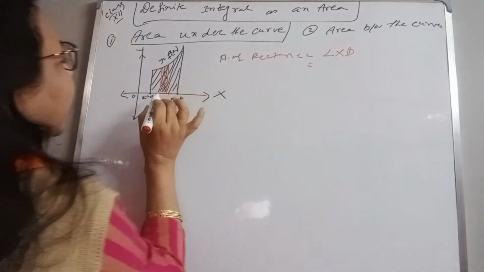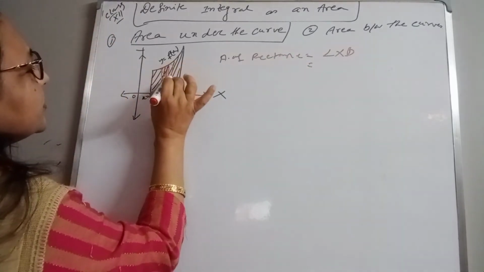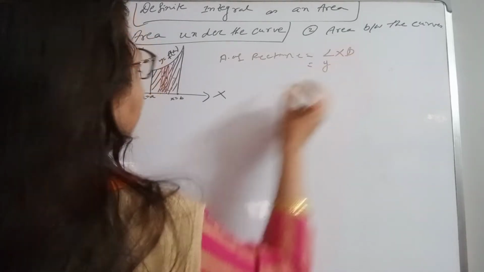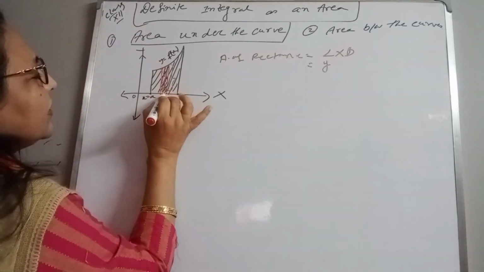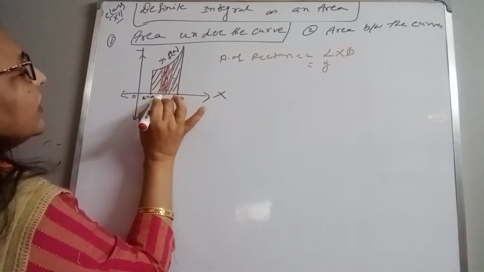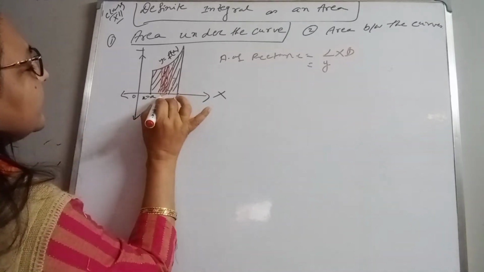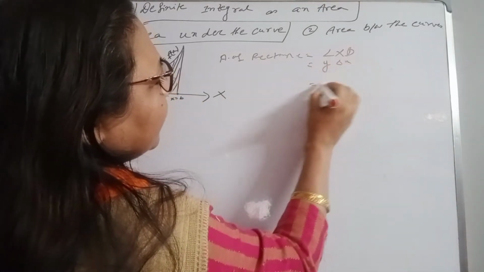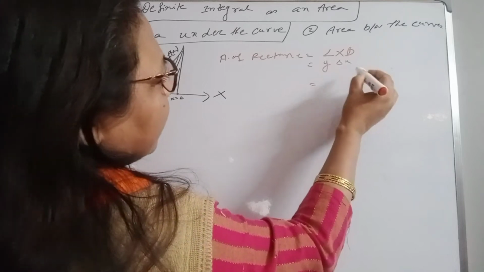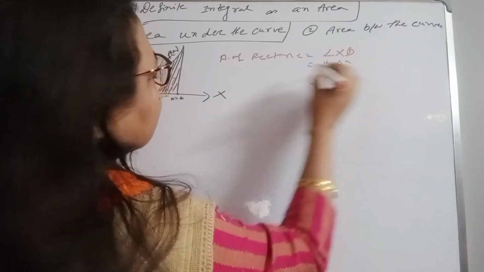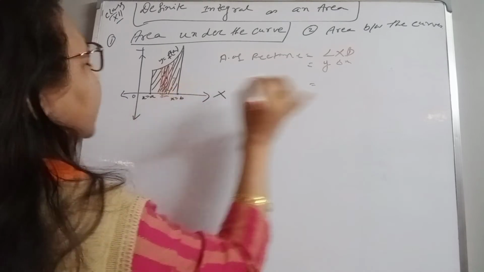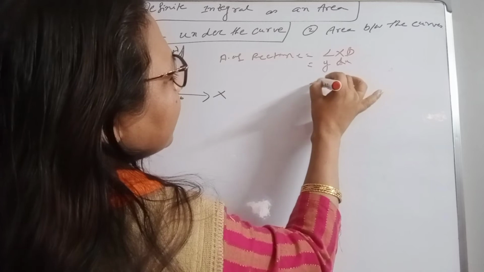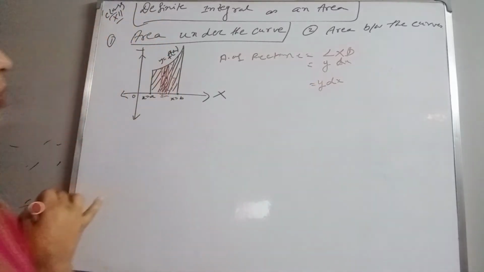Here the length is y, and the breadth is a very small change of x, let us take this as delta x, or we can write dx also. So we can write y dx.